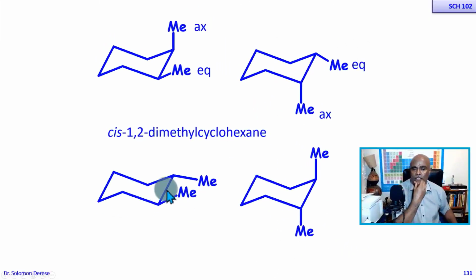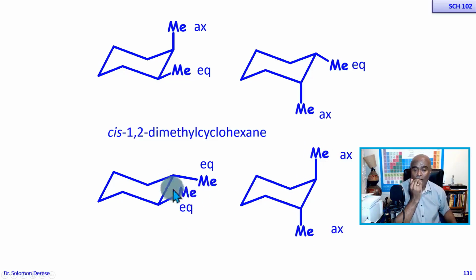And then let's look at this one. In here, as you can see, this one is at a certain angle, while this one is also at a certain angle. Both of them are equatorial. And then when you look at this one, it is facing up, while this one is facing down. Straight up or straight down, not at an acute angle. So as a result, these ones are axial.